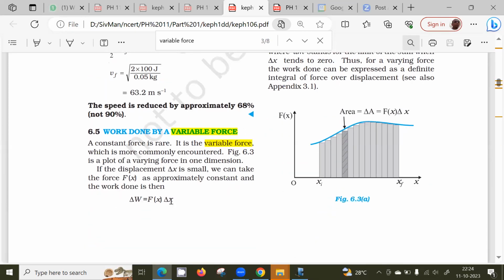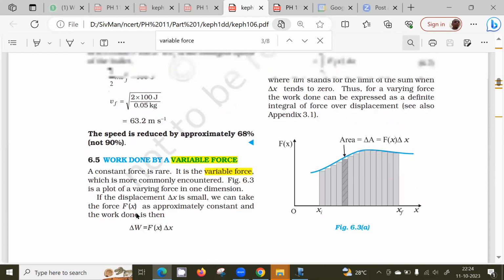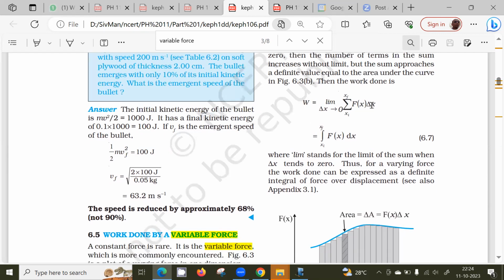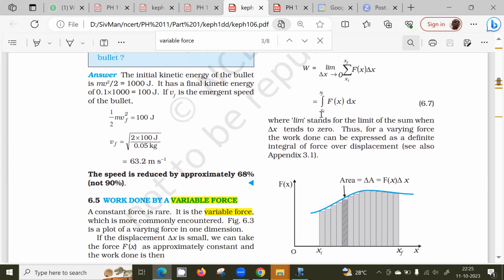Here, the force is a variable force. The force is a function of x, in the sense that the force depends on position. So it's a non-uniform force. F as a function of x is some curve like this. Using the definition, the work done for a small interval is F into delta x, or F dot ds. If I add the work done for all the small intervals, I get the total work done. When the interval length is made very, very small, that summation becomes the integral.